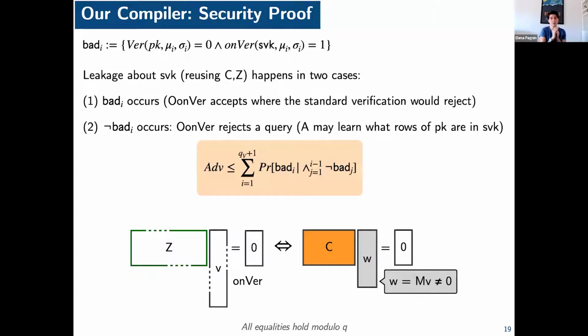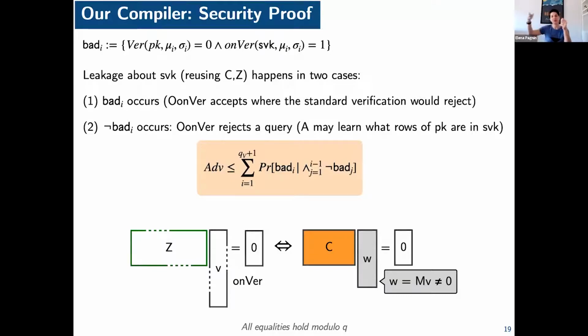So by doing a union bound, I can upper bound the advantage of the adversary with the following formula, which intuitively is counting the first time that a bad I happens. So we are basically in the stronger forgeability sense here. If I see a forgery, then I can reuse it and win the game.